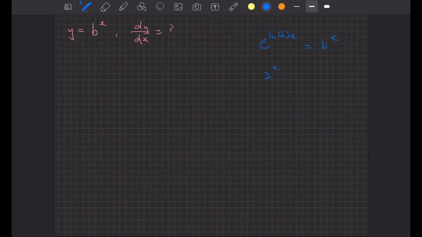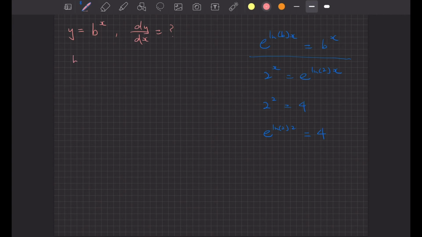I want to use 2 as a number to try whether it is true or not. Let's substitute 2 as b and x as 2. 2 to the power of x, which means 2 squared, is 4, while e to the power of natural log of 2 times 2 is also equal to 4. You can use a calculator to check it. So we can prove that e to the power of (natural log of b times x) is equal to b to the power of x.